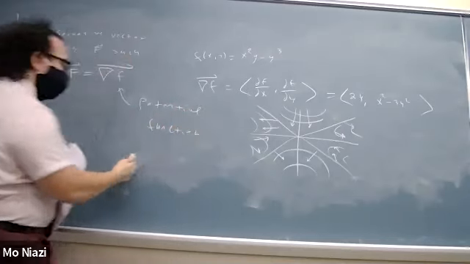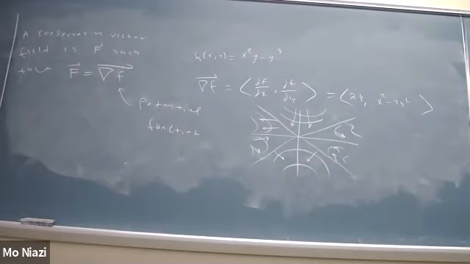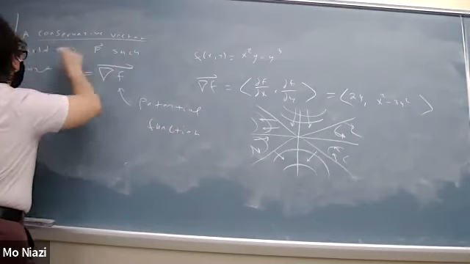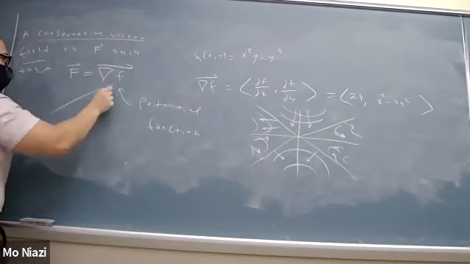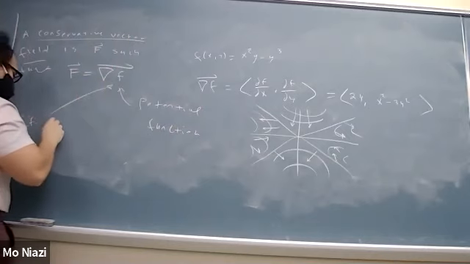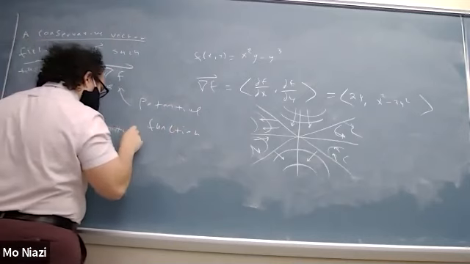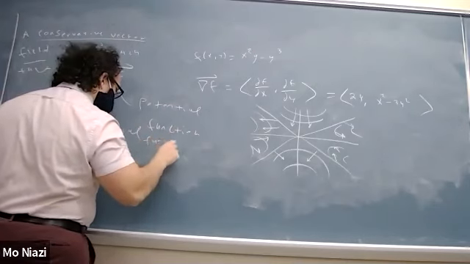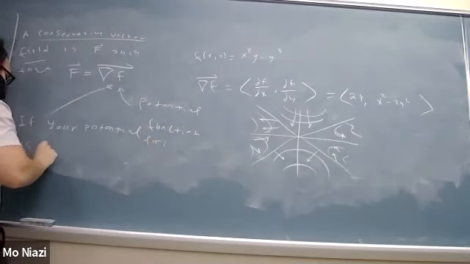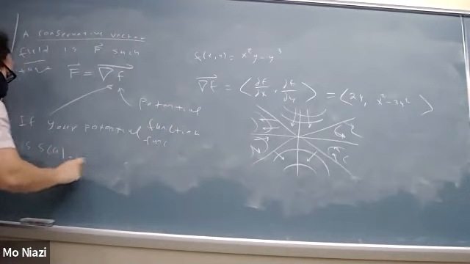It can be electric potential, it can be gravitational potential. And it's a conservative vector field if your potential function is scalar.